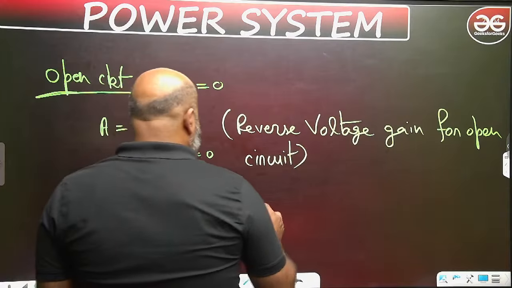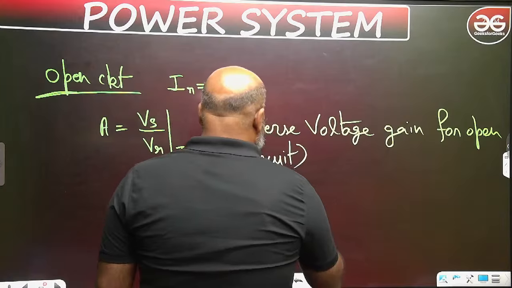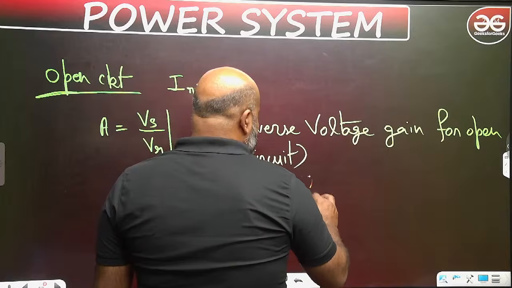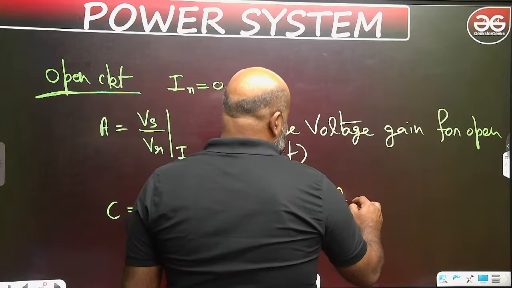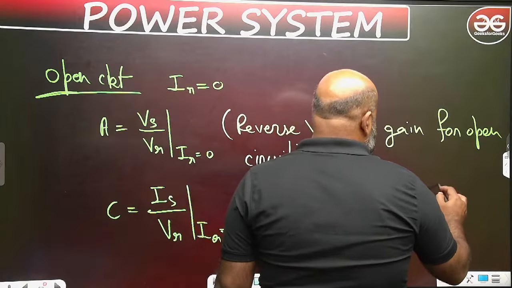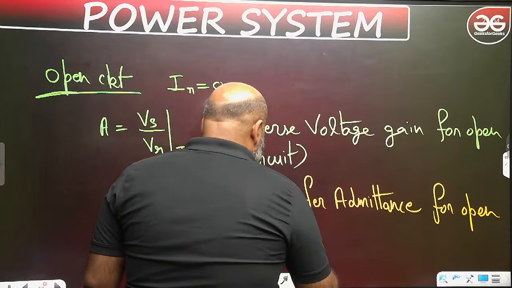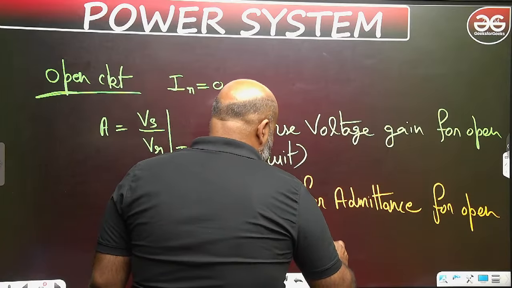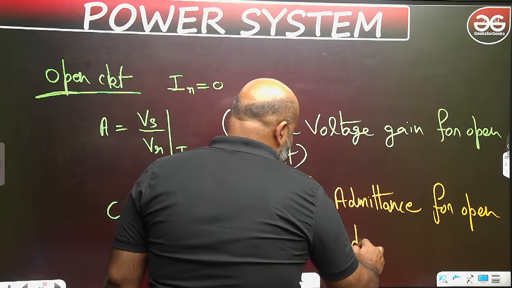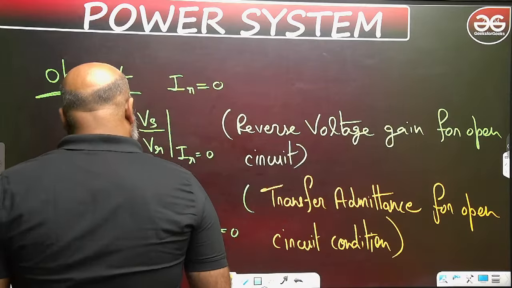So this is going to be the transfer admittance for open circuit condition. Is it clear?